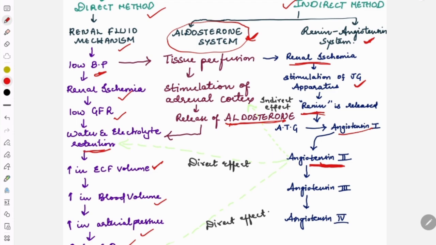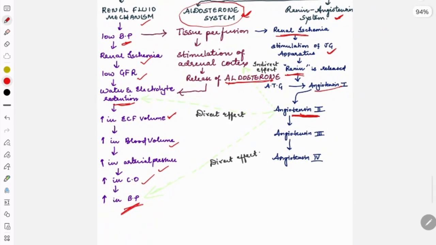And because it is a powerful vasoconstrictor, it directly acts on blood vessels and causes vasoconstriction, and thereby it increases the BP. So angiotensin 2 plays a very important role because it is acting on three mechanisms. It is acting on the adrenal cortex, it is acting on water and electrolytes, and it is also acting on blood vessels, thereby increasing the BP.